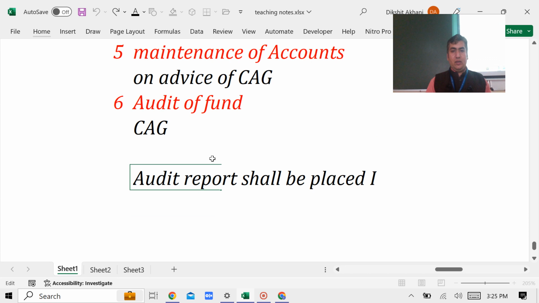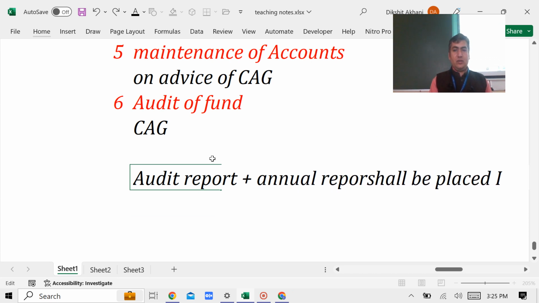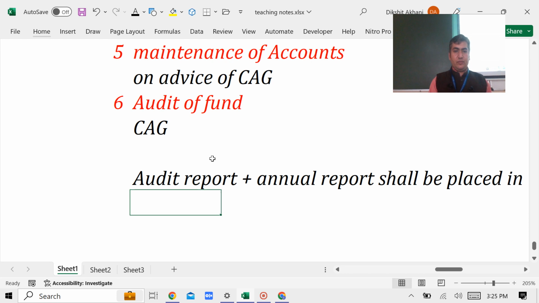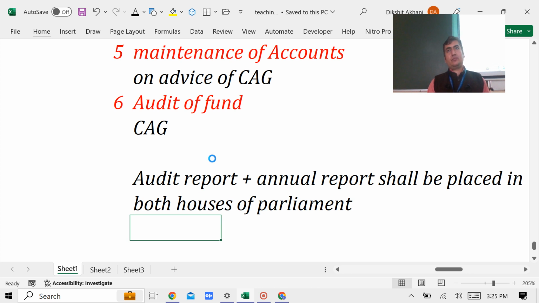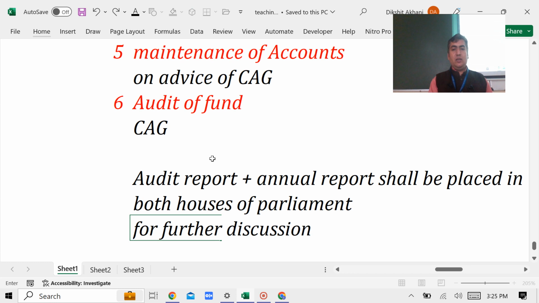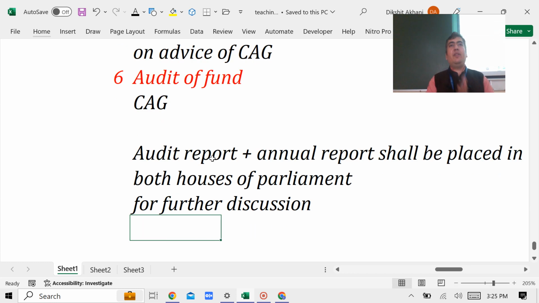Annual report, shall be placed in both the houses of Parliament. Both the houses of Parliament for further discussion. So that's a little bit, I would say, brief discussion about what is section 125.